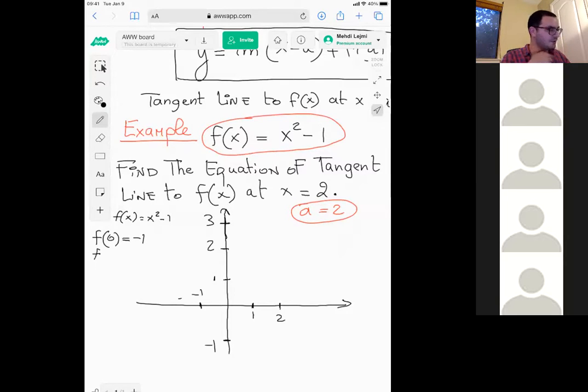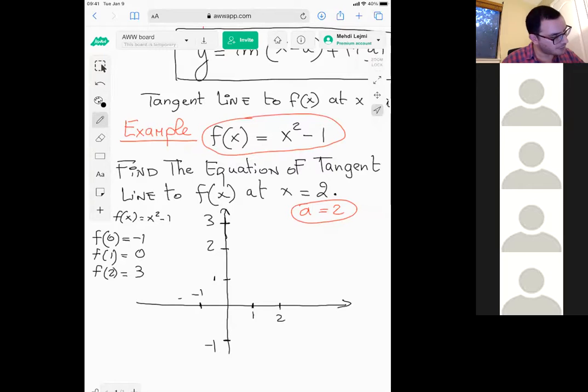So f of 0 would be -1. F of 1 would be 0. F of 2 would be 2 squared minus 1, that would be 4 minus 1, so that would be 3, etc., right?